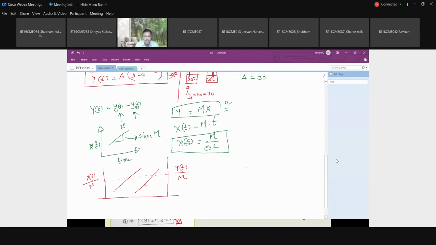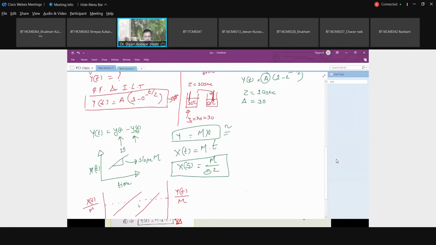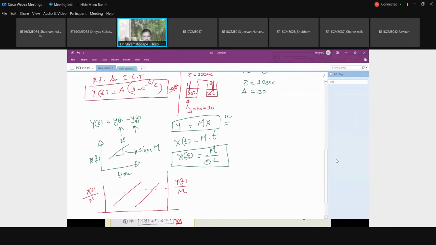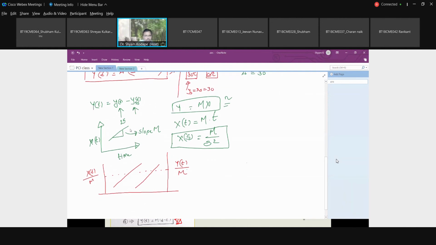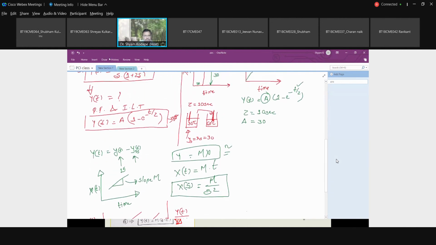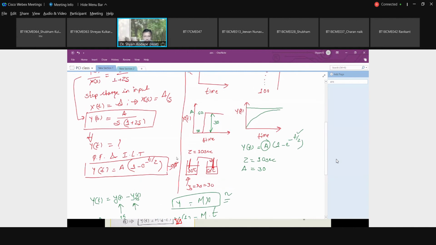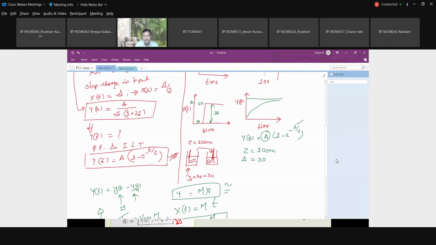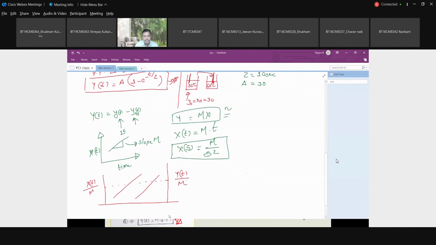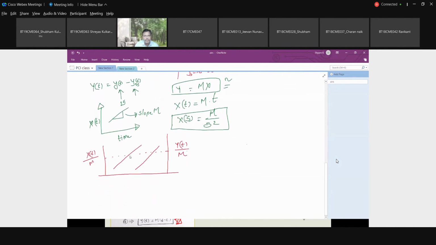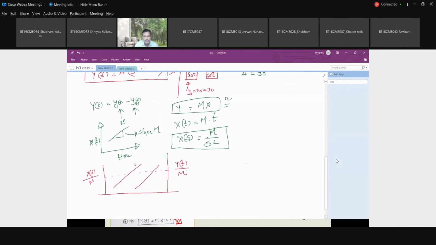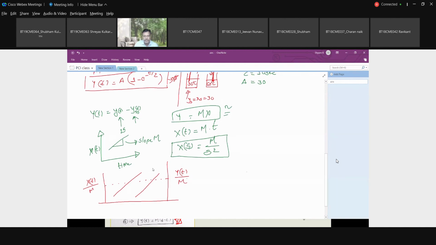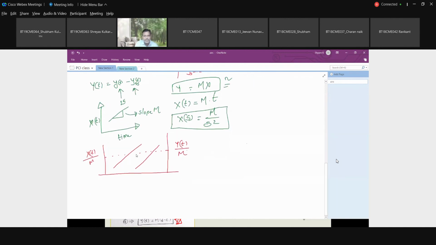Let me tell you. This is the xt graph. If you observe, this is xt.